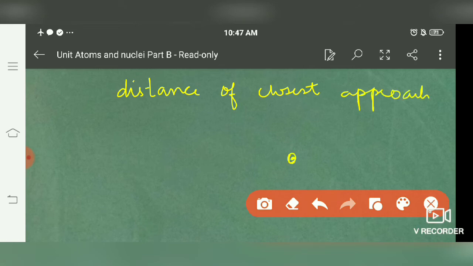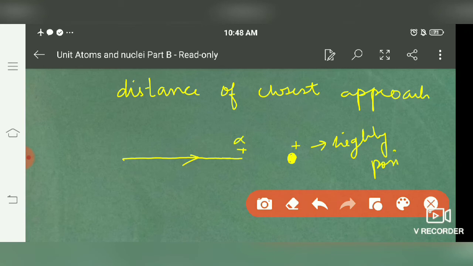This is the nucleus in the atom, which is highly positive, and this is an alpha particle moving directly toward that nucleus. As it approaches, according to the electrostatic law, there must be repulsion, and we observe that as it moves close to the nucleus, its velocity decreases.